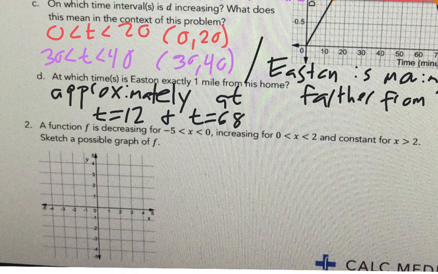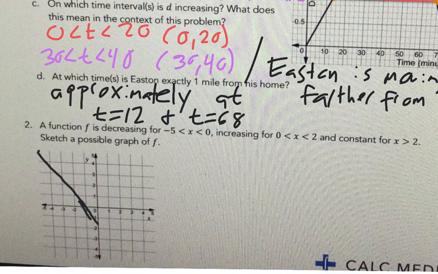So if the function is decreasing from -5 to 0, increasing from 0 to 2, and constant when x is bigger than 2, there's lots of different ways you could do that. So if I'm just going to go from -5 to 0, decreasing, boom, I'm there.